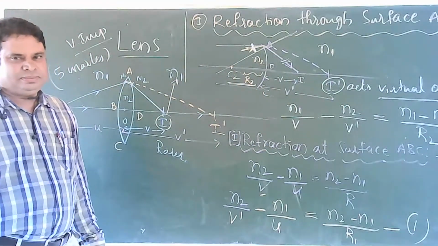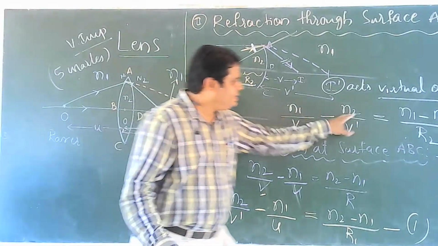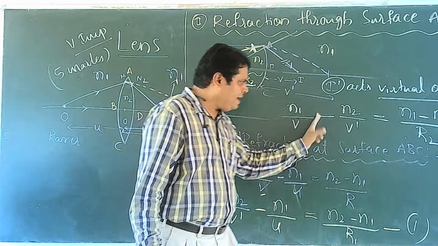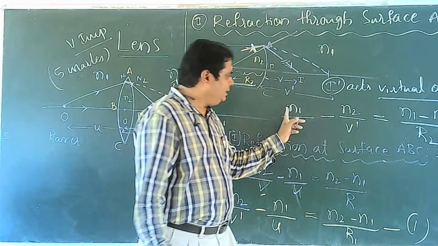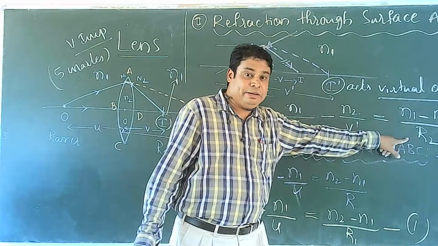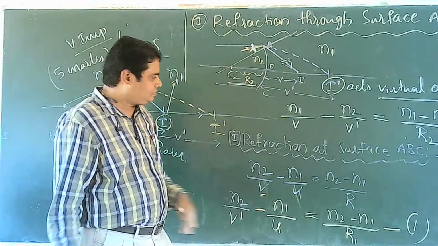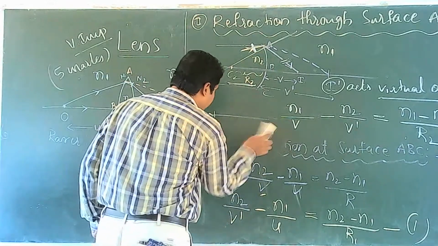Hope you understand. This minus this, I have simply written n1 minus n2 divided by r2. Now this surface is r2.